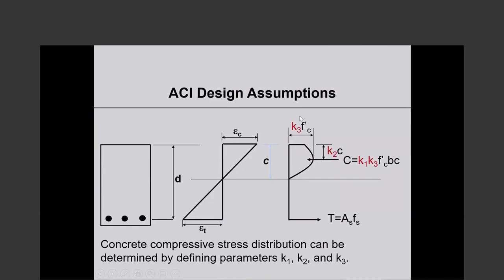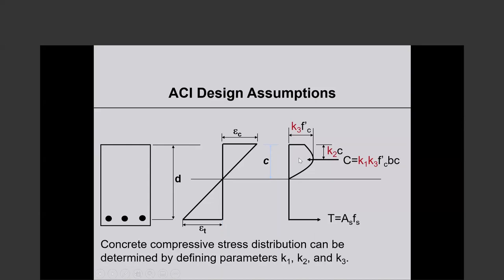f'c is the specified compressive strength, and this is established by testing cylinders. And anyway, f'c is a defined quantity, okay? Specified compressive strength. Now, we are postulating that this maximum stress is k3 times f'c.